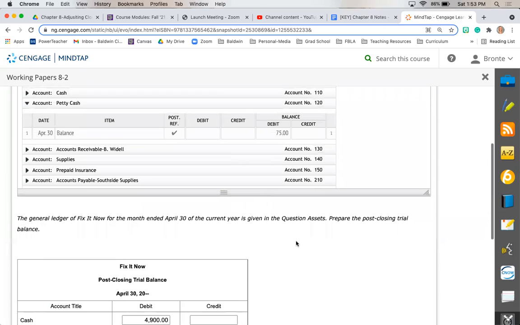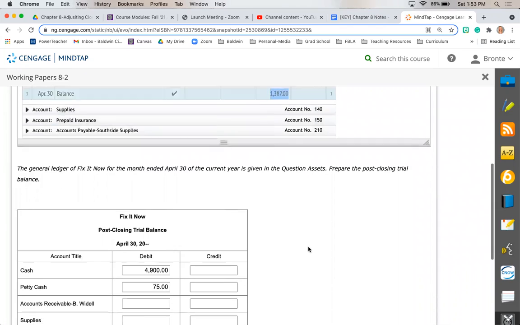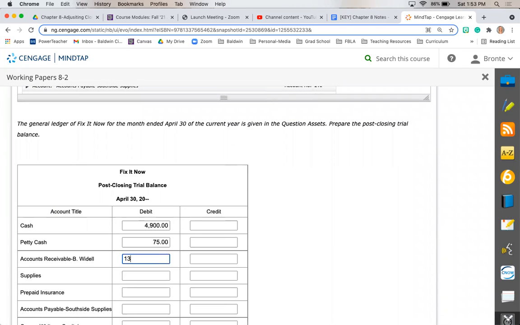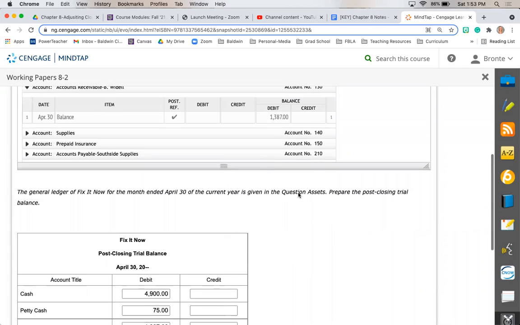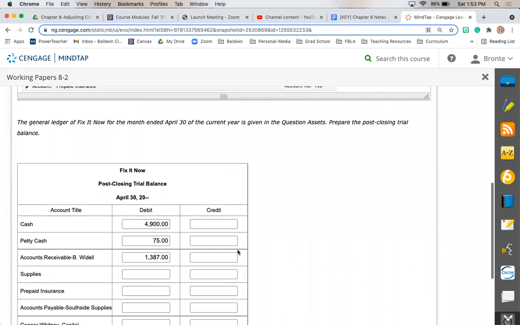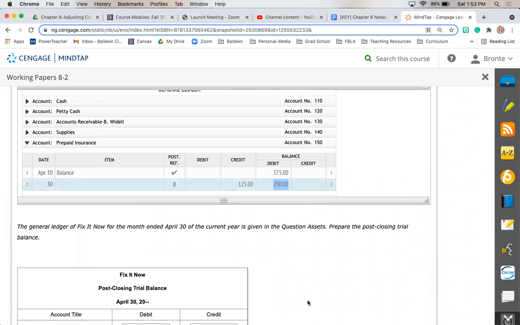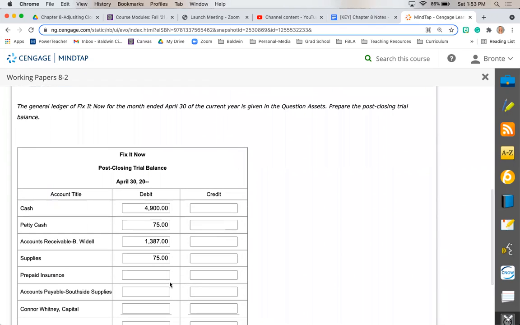Accounts receivable has a $1,387 debit balance. Supplies has a $75 balance. Prepaid insurance has a $250 debit balance.